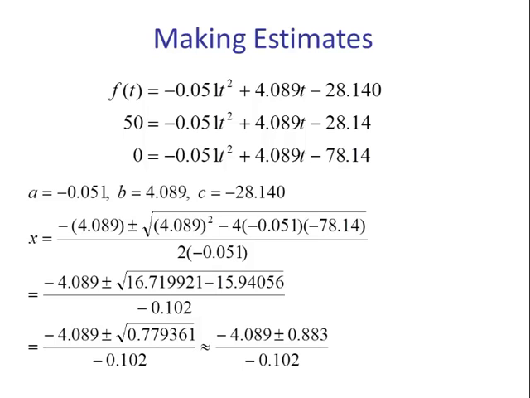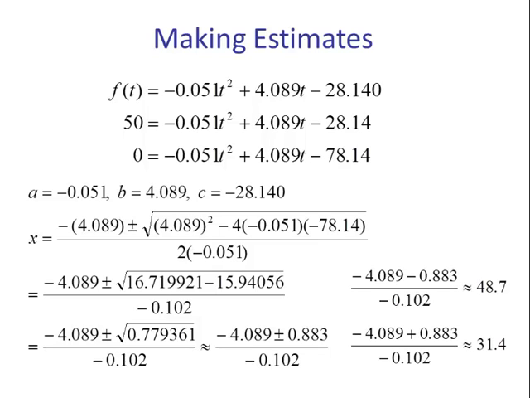Taking the square root, we are left with this expression. And when we split those up, the first age is approximately 48.7 years, and the second age is approximately 31.4 years.